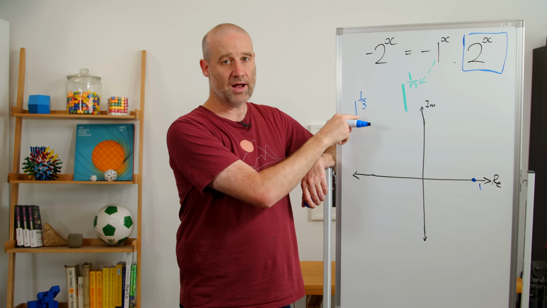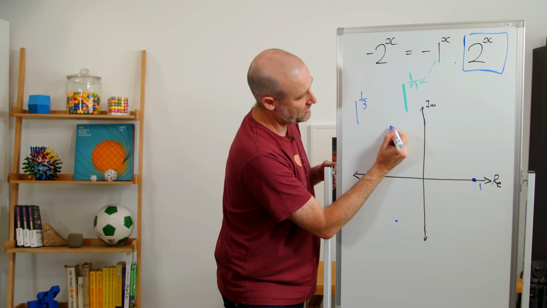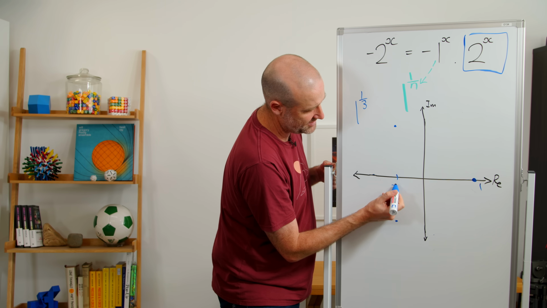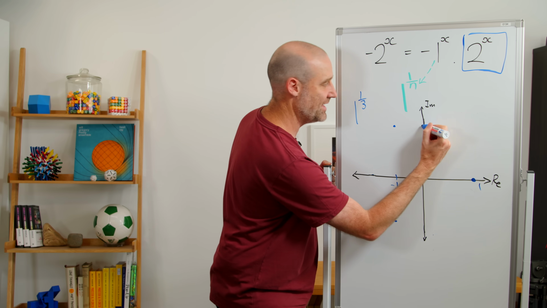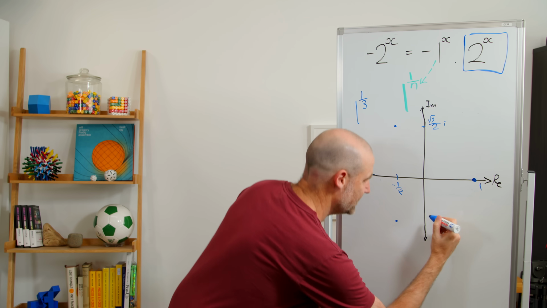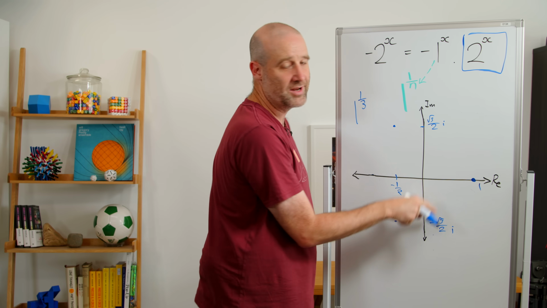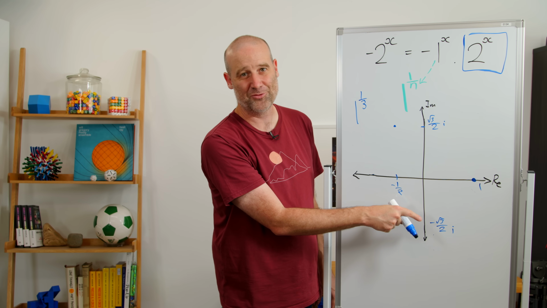Cube roots, there are 3 of them. There's one down here, there's one up there. They're symmetric on -1/2, and that there is root 3 on 2 i, and over here is -root 3 on 2 i. Root 3, I've done a video all about how much I love root 3 on 2.